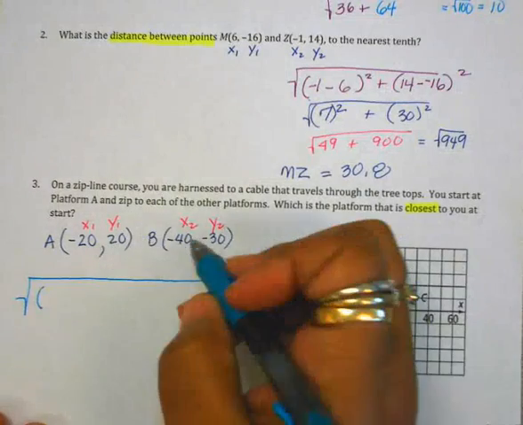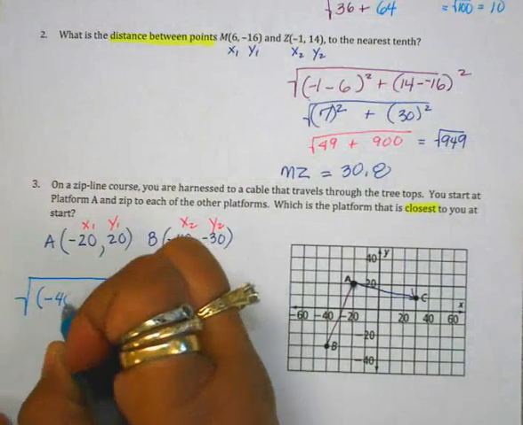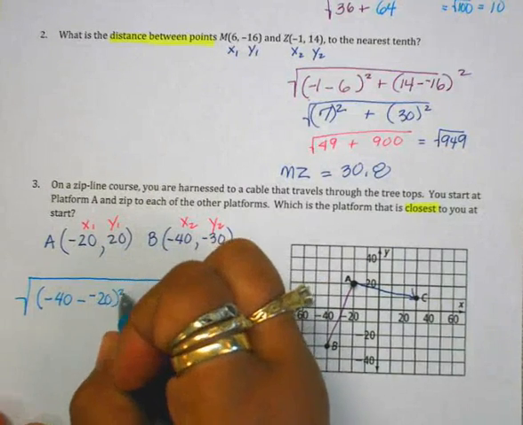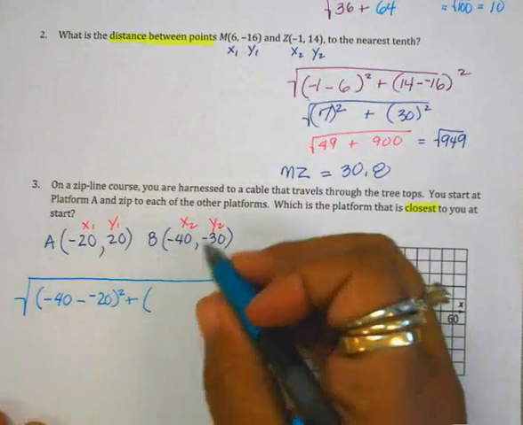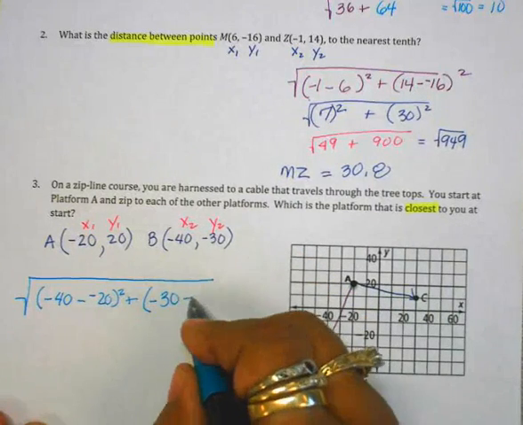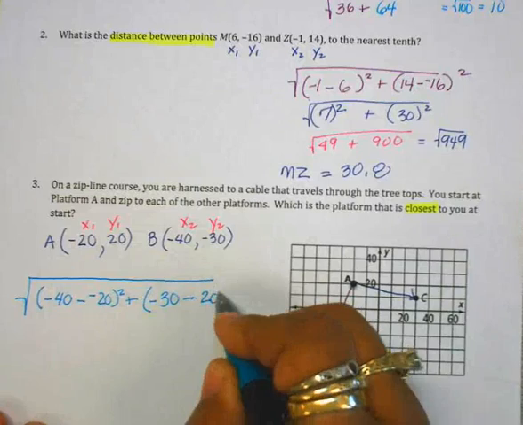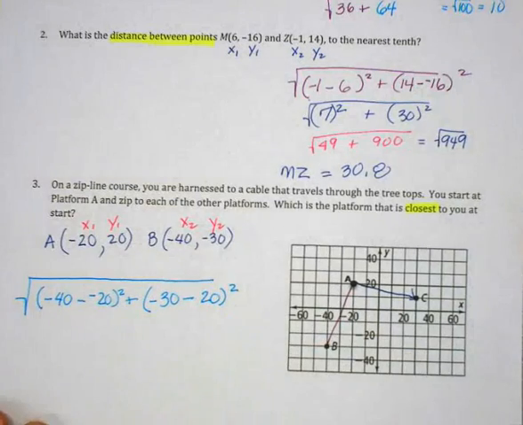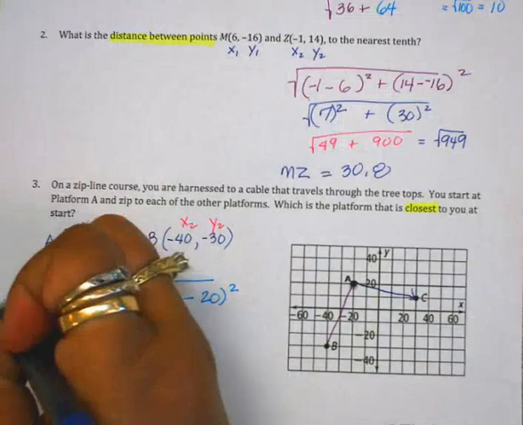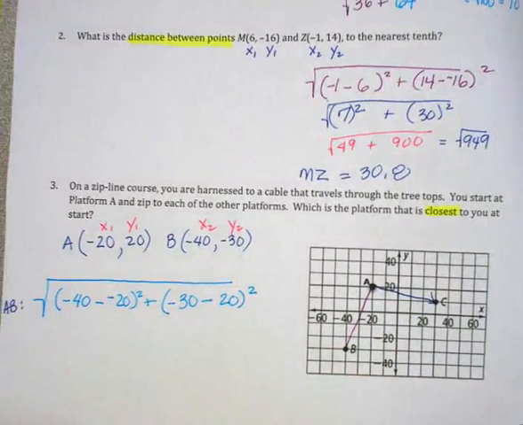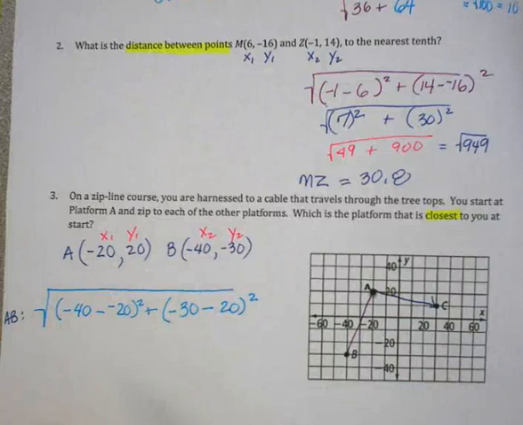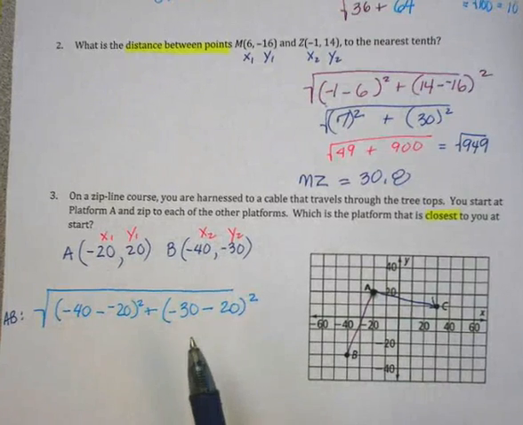My x2 is -40, minus my x1, which is -20 squared, plus my y2, which is -30, minus my y1, which is 20 squared. So this is going to tell us the distance from A to B. If we're going from A to B, this is the distance, because we use points A, B in the distance formula.